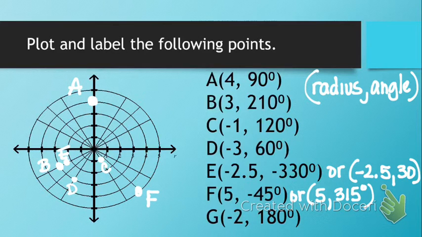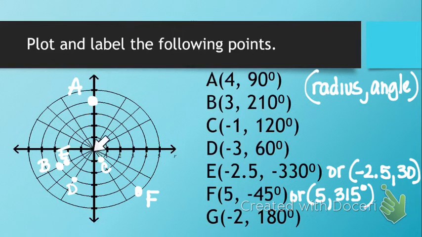Go ahead and see if you can plot point G by yourself. Negative 2, 180. So 180 is this axis here, right?